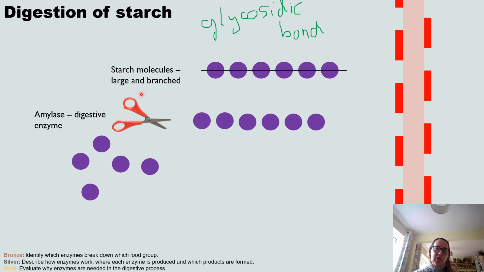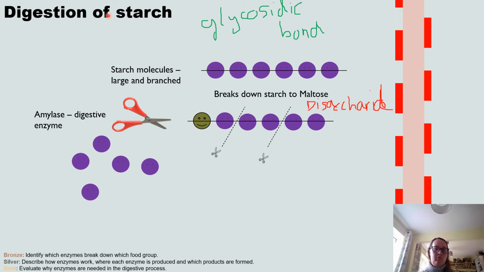So you have the starch molecule and the glycosidic bonds in between the molecules, and the enzyme, which is amylase, helps digest the starch by breaking the bonds in between the glucose molecules. So it breaks it down to maltose, which remember is two molecules joined together, so that is a disaccharide.